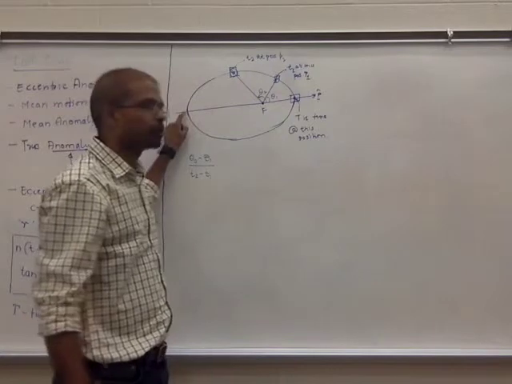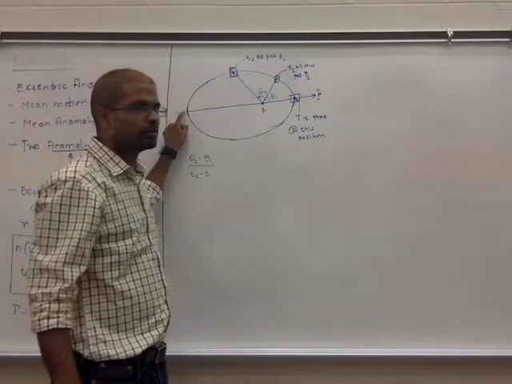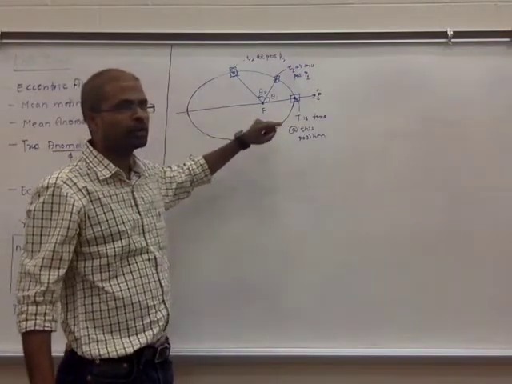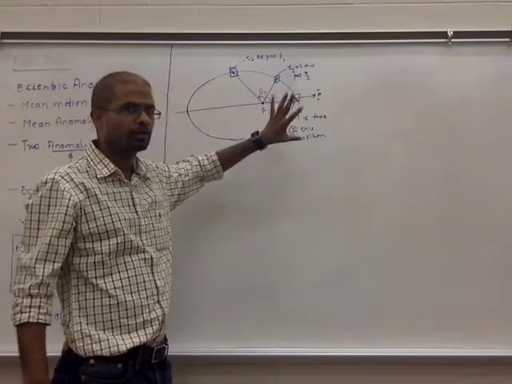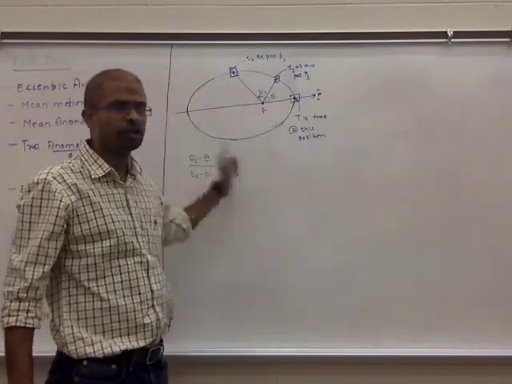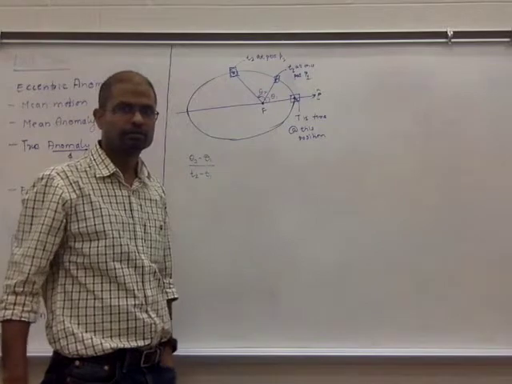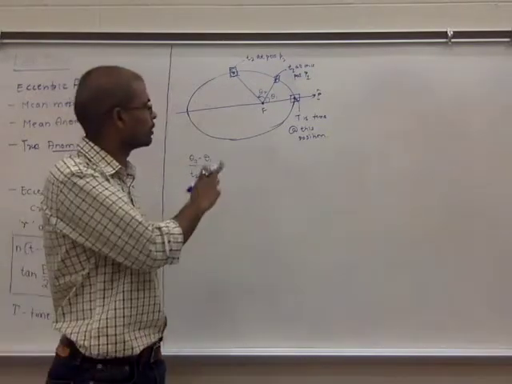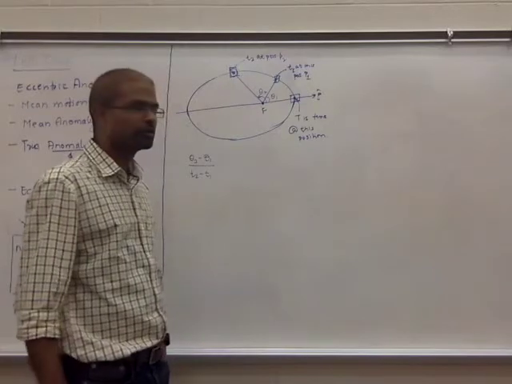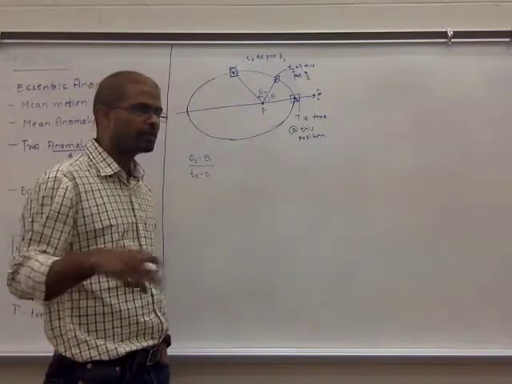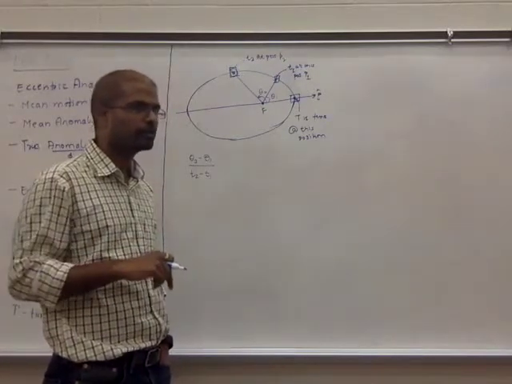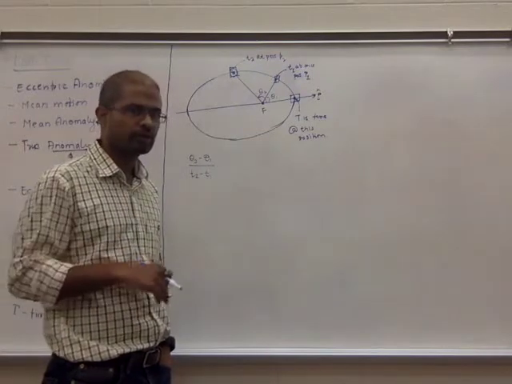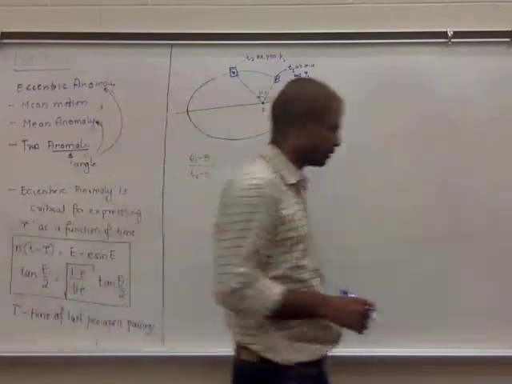Here it is at the slowest. So if it were traveling at mean velocity, it would take so much time to cover the entire distance. That is the reason they introduced mean, because for an ellipse, it travels at different velocities. For a circle, it will always travel at the mean velocity, always at a mean angular rate.